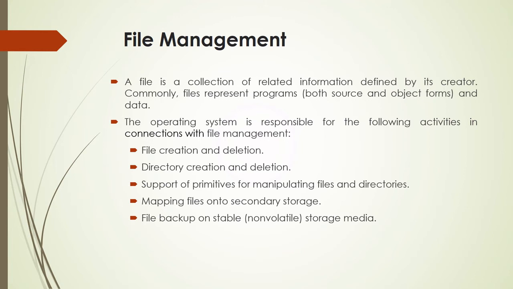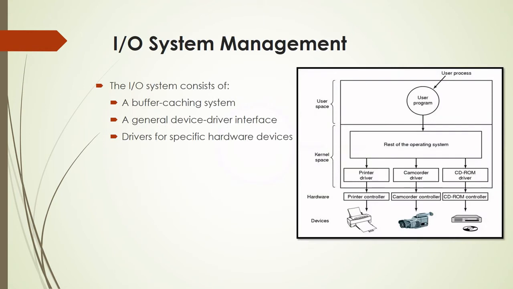Let us go to the input output system management. The input output system consists of a buffer caching system, a general device driver interface, and drivers for specific hardware devices. If we look at this particular diagram, at the bottom is the device, for example printer or camera or the CD-ROM, and we see that all these are not directly connected to the operating system.